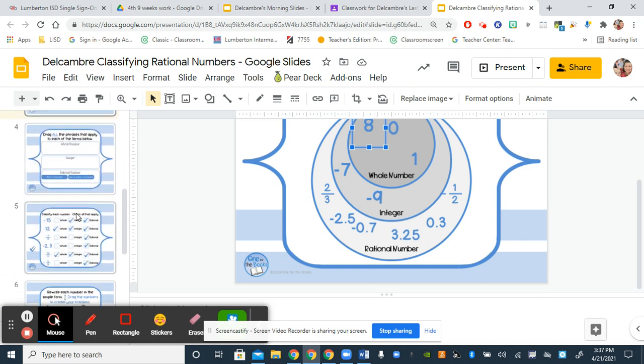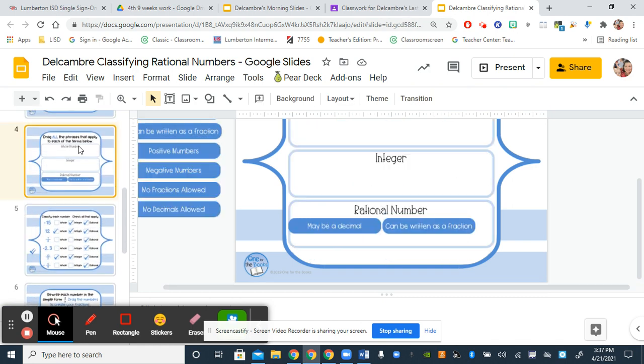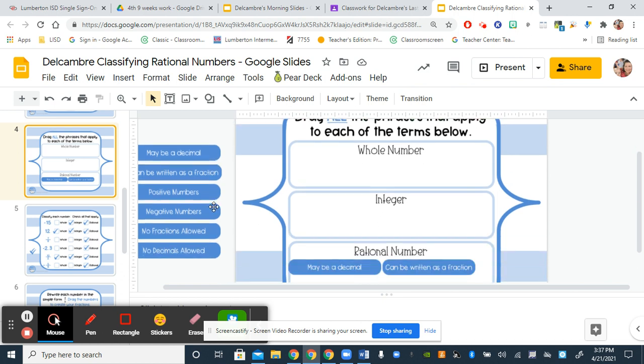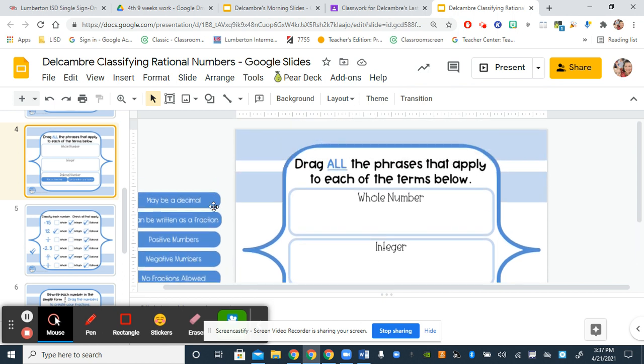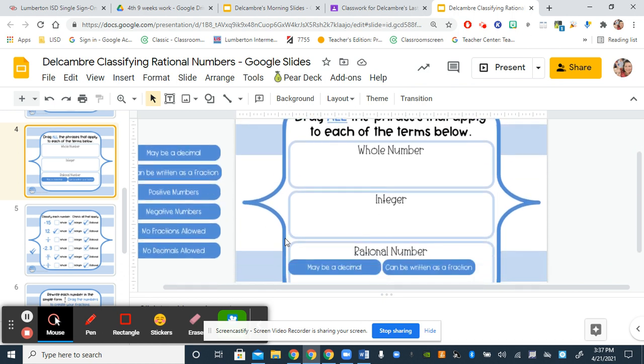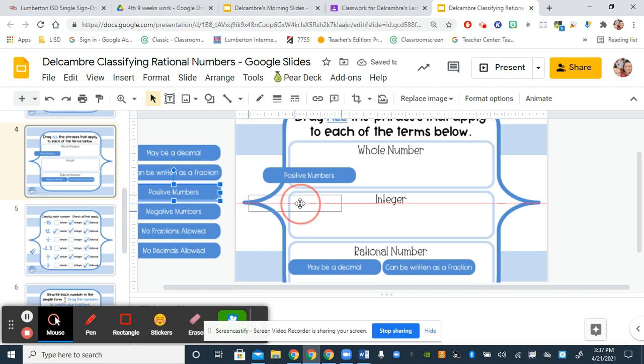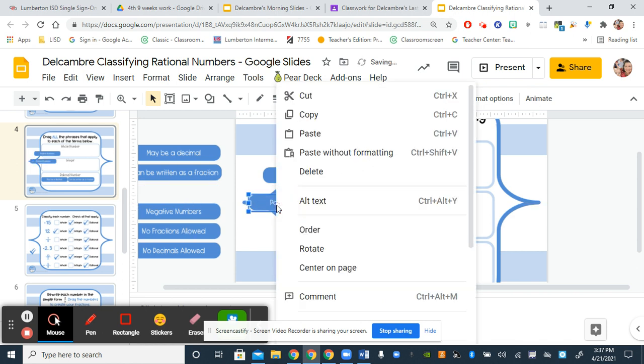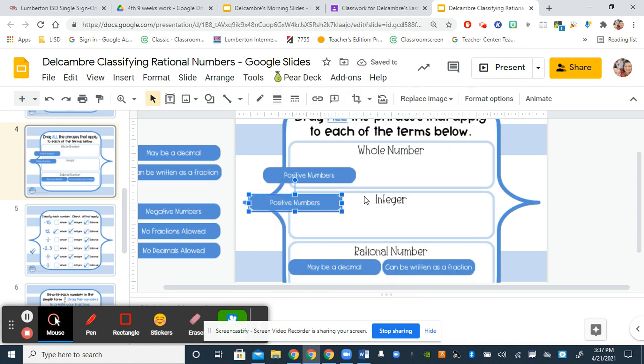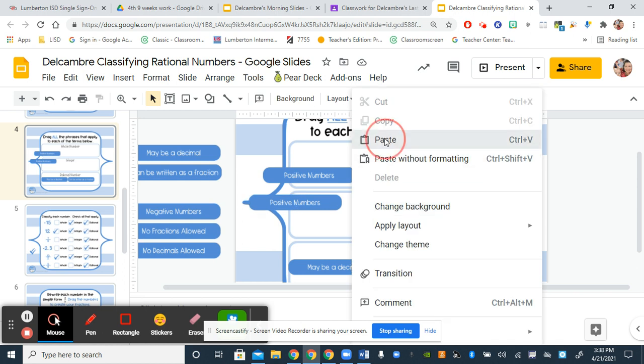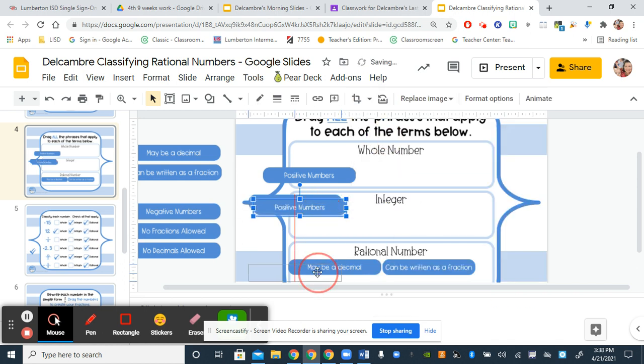Okay. So on our next page, what we did was we drag all the phrases that apply to each of the terms below. So we dragged them over. So positive numbers can be whole numbers, they can be integers, and they also can be rational numbers. Copy. And if one did not go through, guys, what you can do is just right click and go copy and paste.